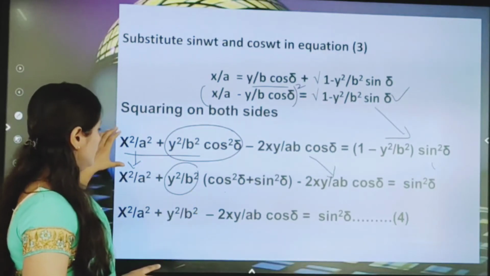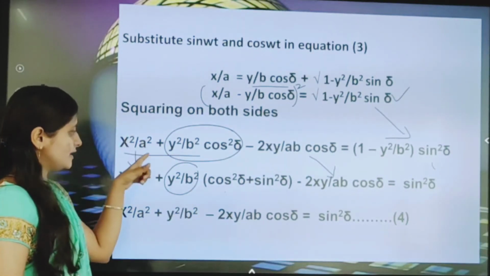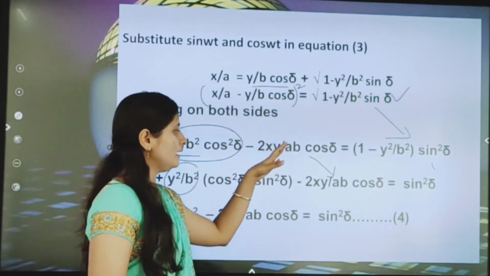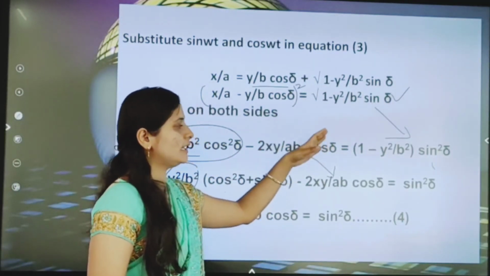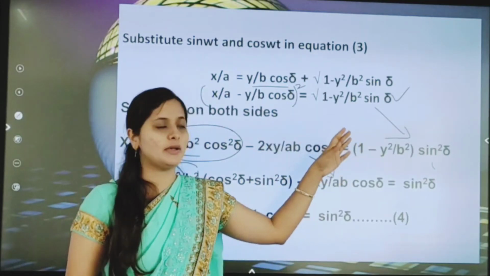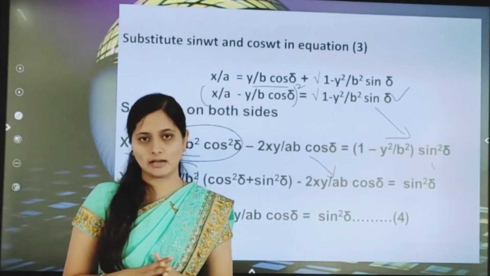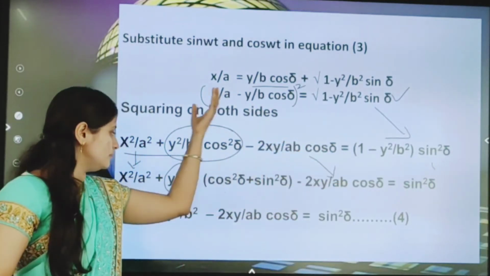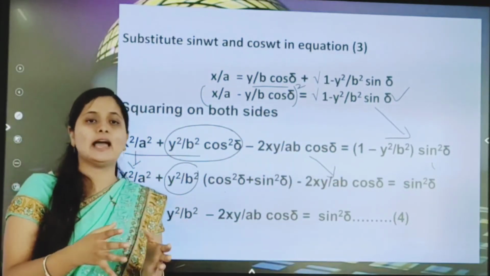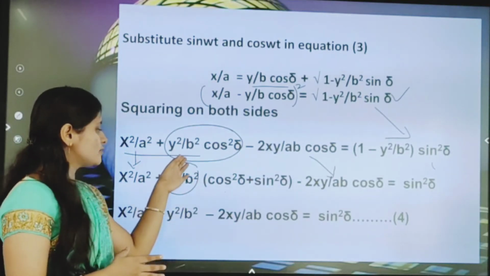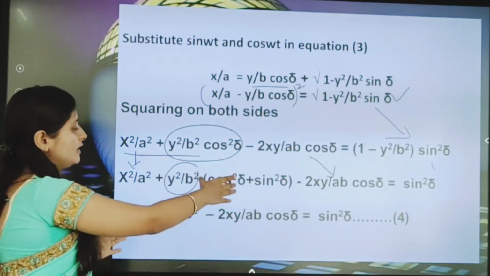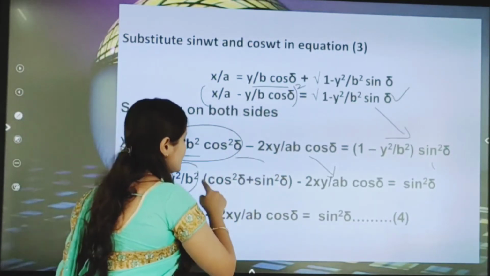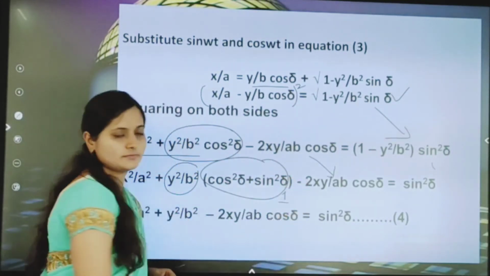Okay, so we are getting here the equation x square by a square plus y square by b square cos square delta minus 2xy divided by ab cos delta is equal to 1 minus y square by b square into sin square delta. Next, multiplying sin square and taking that sin square term to this side, and taking y square by b square common, we will get cos square delta plus sin square delta, and this term is equal to 1.